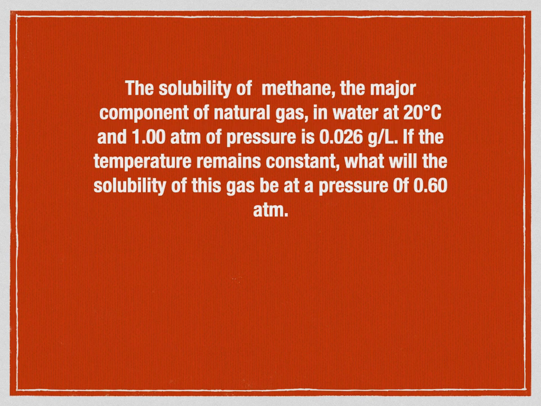Of course, you would want to know this if you were, for instance, involved in fracking, which is a process of pumping high pressure water underground to dislodge pockets of oil and natural gas. You would be dealing with pressure differences there and the solubility of that gas in the water that you're pumping in there.